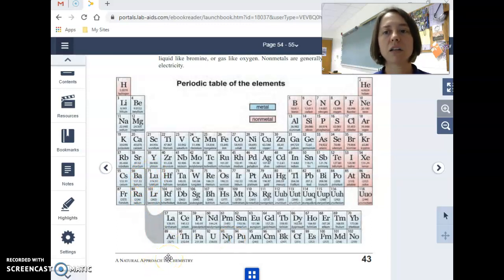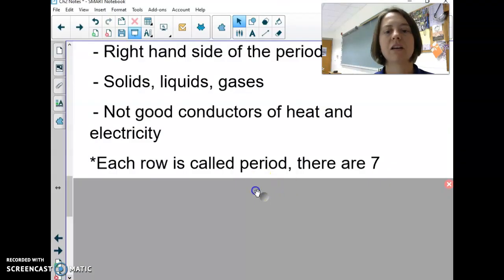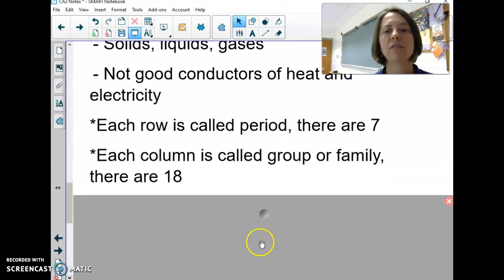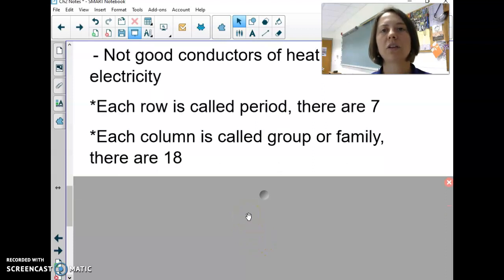And then columns, there are 18 columns. So 1, 2, 3, 4, 5, 6, 7, 8, 9, 10, 11, 12, 13, 14, 15, 16, 17, 18. So columns also have different names. You will hear them referred to as groups and also as families. So those are all words you should learn for column.